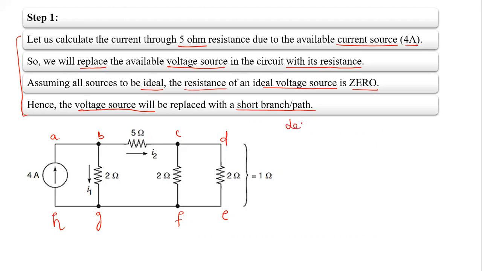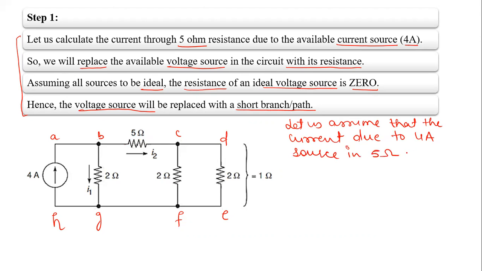Let us assume that the current due to the 4 ampere source in 5 ohm is I2. This is our assumption, and the direction is from B to C.